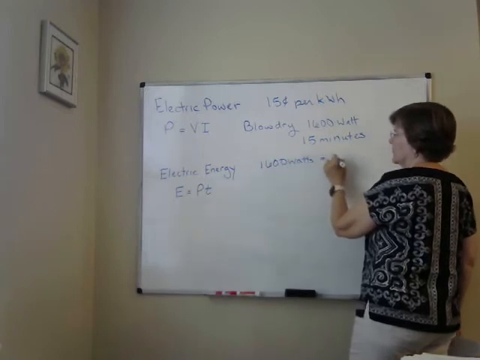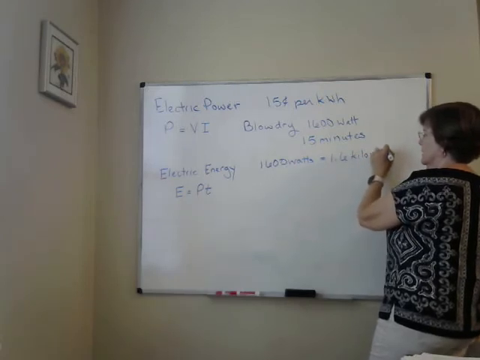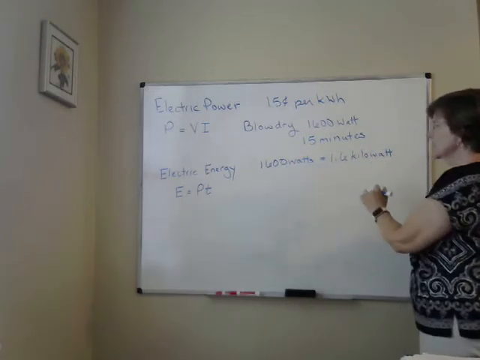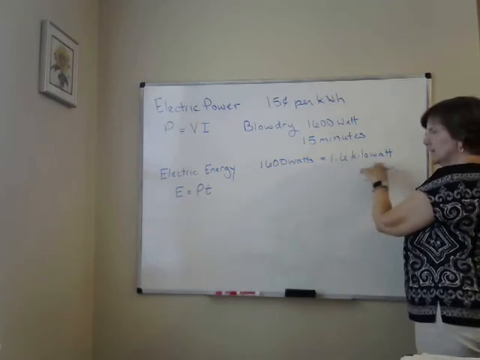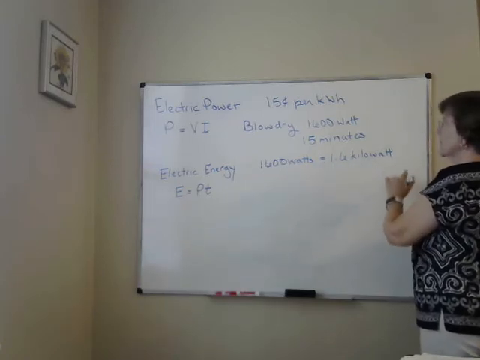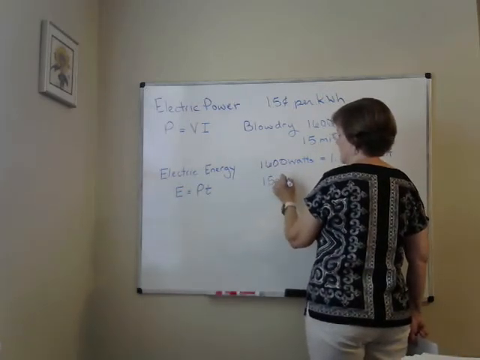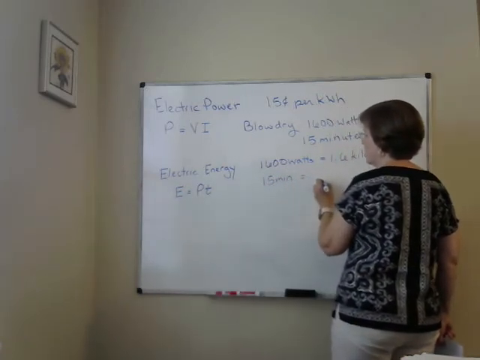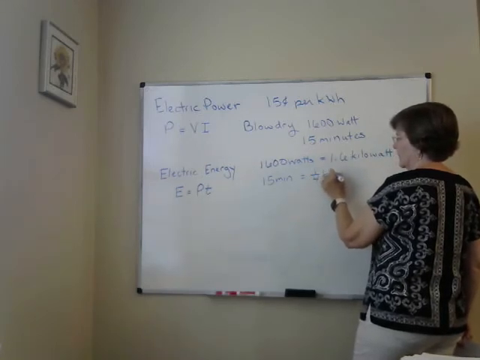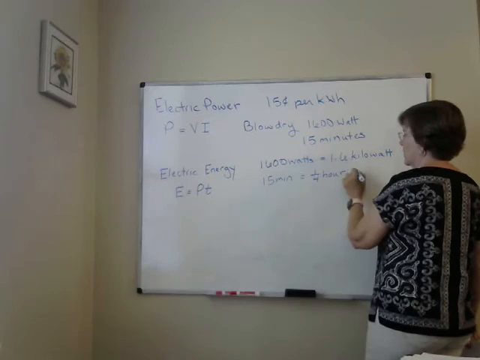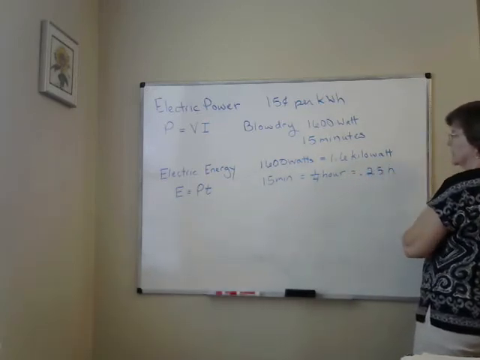is 1.6 kilowatts. Remember, kilo means 1,000. So 1 kilowatt is 1,000 watts. This is 1.6 kilowatts. 15 minutes is 1/4 of an hour, or 0.25 hours.